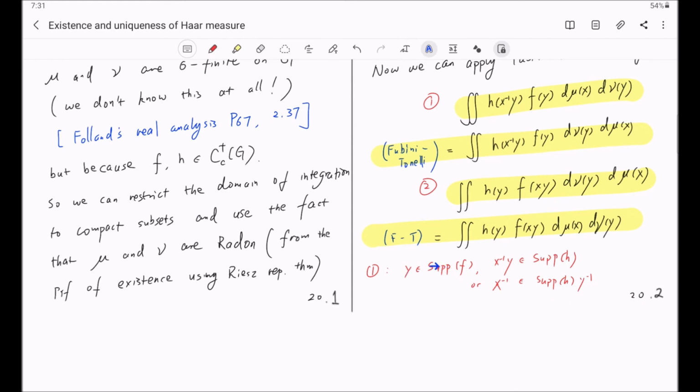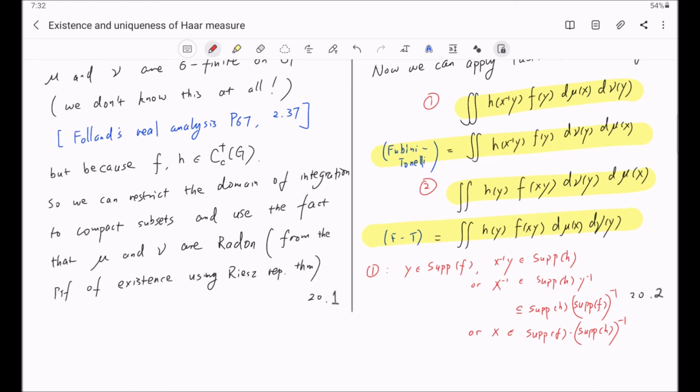And because y is in this compact set, x inverse must be in the support of H times the inverse of the support of F. Or if you take the inverse of both sides, x must be in the support of F times the support of H inverse.